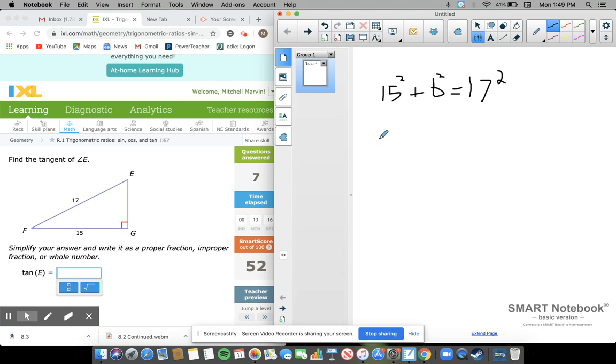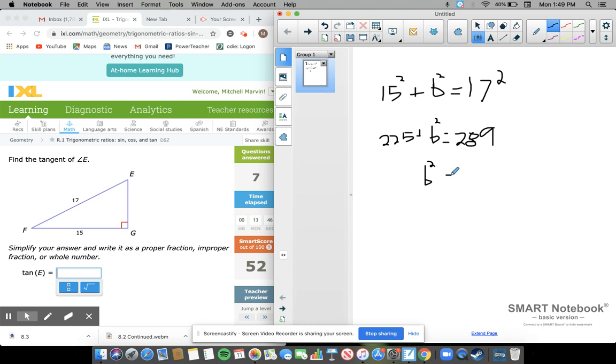I need to plug all this in, and I can't do that off the top of my head, so I'm going to use my calculator. I end up with 225 plus b squared equals 17 squared, which is 17 times 17, 289. Subtract 225 from 289, move that across, and we get b squared equals 64.